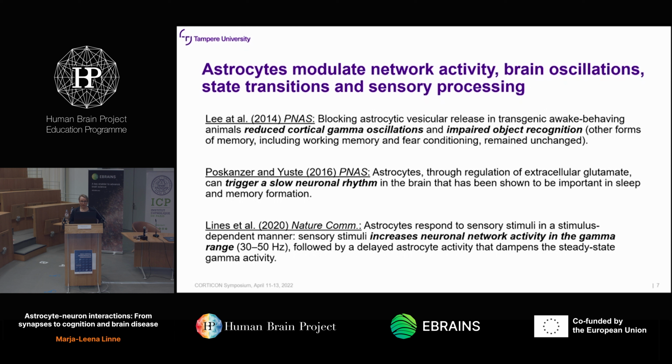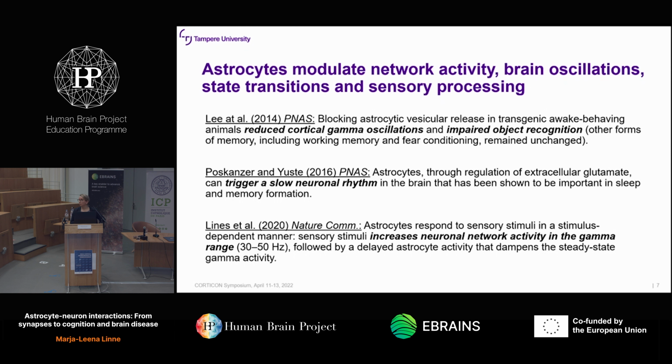Then Poskanzer and Yuste, in their very seminal work in 2016, showed that through regulation of extracellular glutamate, astrocytes can trigger a slow neuronal rhythm in the brain that has previously been shown to be important in sleep and memory formation.